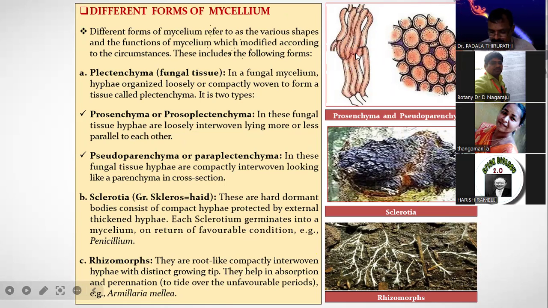If loosely coiled, that is prosenchyma. If tightly coiled, interwoven, it is pseudoparenchyma or plectenchyma.